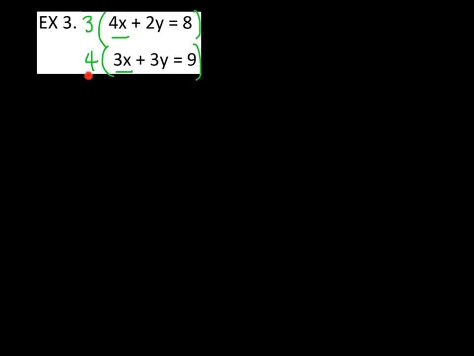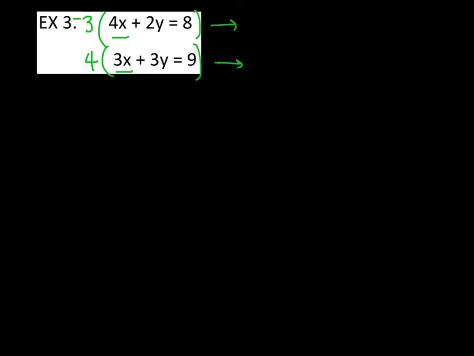And when I multiply 4 times 3x on the bottom, I also get 12x. Okay, but just like before, I need one of those 12x's to be positive and one to be negative. So in order to ensure that that happens, I'm going to go ahead and multiply one of my equations as a negative. So I'll just do it to the top one. Again, it doesn't matter.